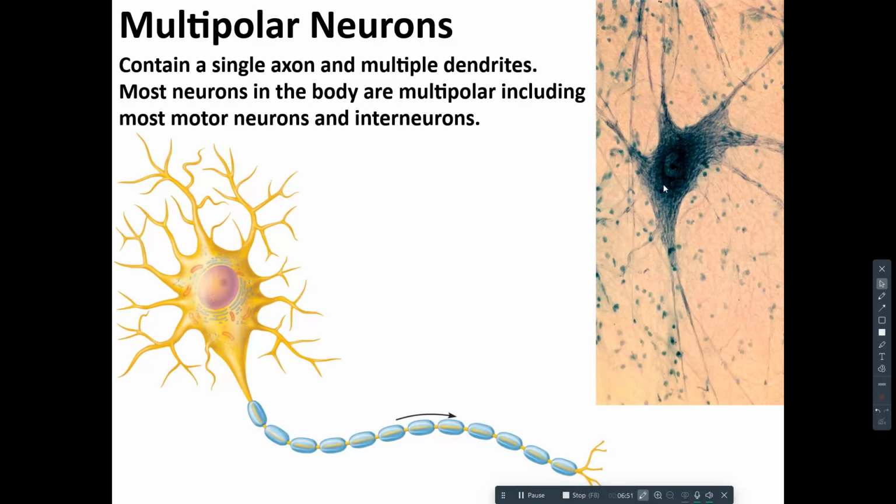Most neurons in my body are multipolar neurons, including motor neurons, which are the ones that are going to send commands to effectors, as well as interneurons, which are kind of like neurons that talk just to other neurons. More on these guys later on. Estimates vary. Some people say 90%, 95% of your body's neurons are multipolar. But it's the majority, and it's a significant majority.